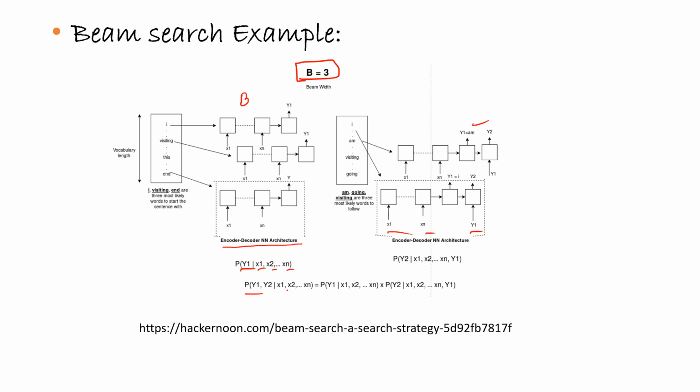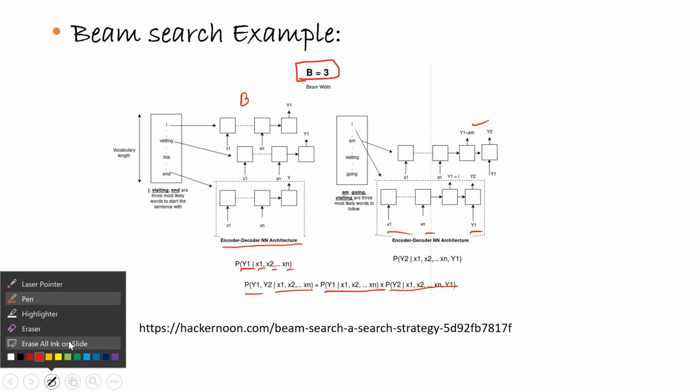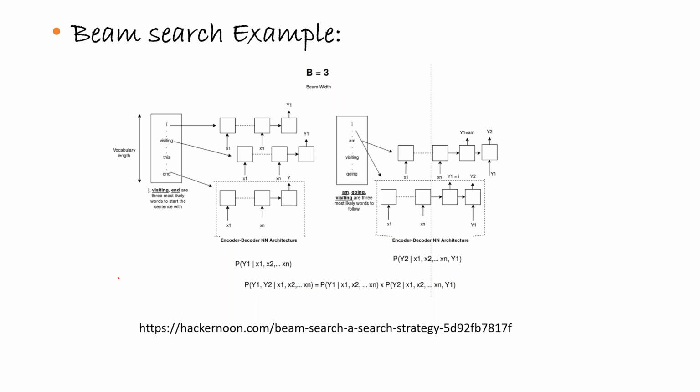So we get p of y1 y2 given x1 x2 xn equals p of y1 given x1 x2 xn into p of y2 given x1 x2 xn. This is what we do in a beam search. Let's break this into small pieces, then we get more idea of it.